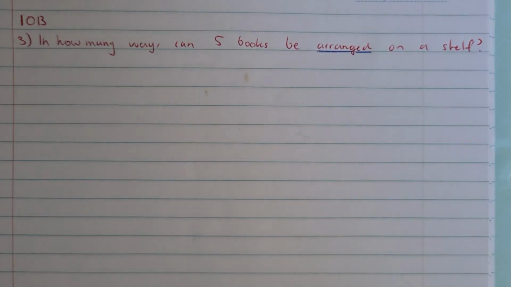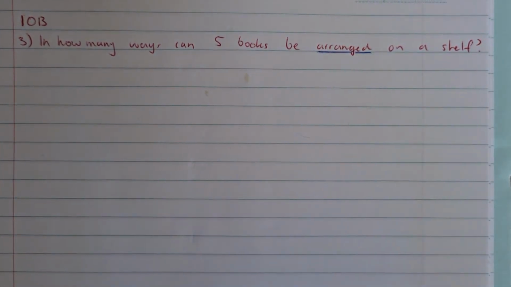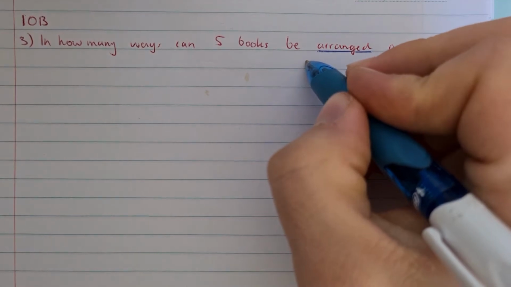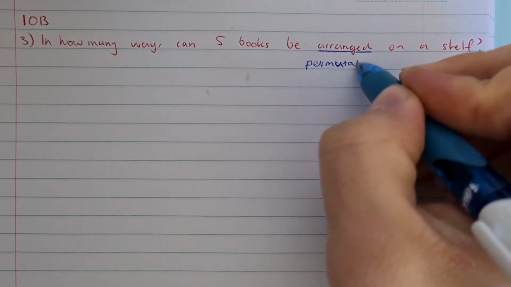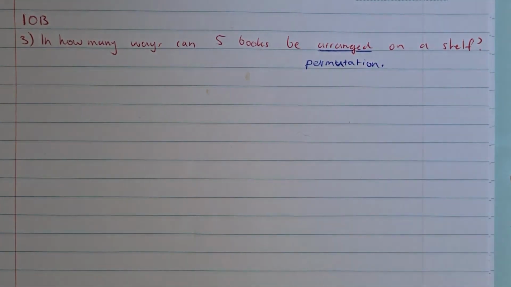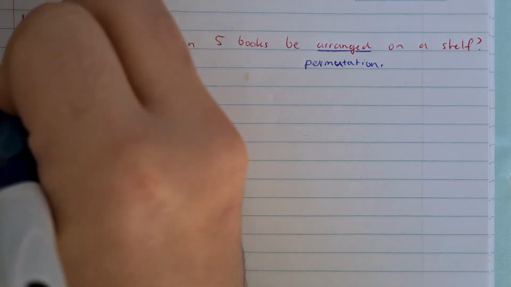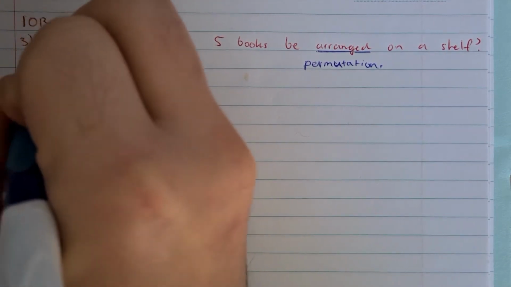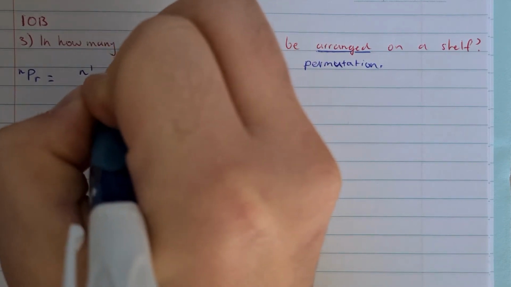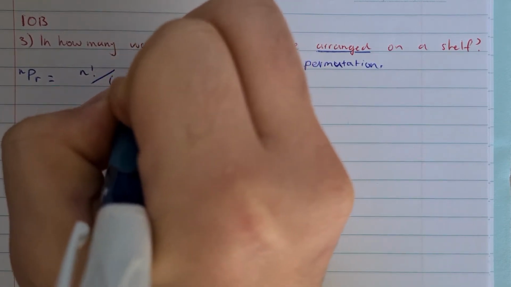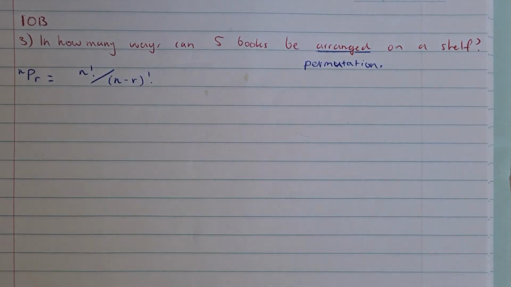Because we're finding arrangements, remember that the word arranged is the same as the word permutation. There's a couple of ways we can approach this. We can think about the permutation formula, which is nPr equals n factorial divided by (n minus r) factorial.